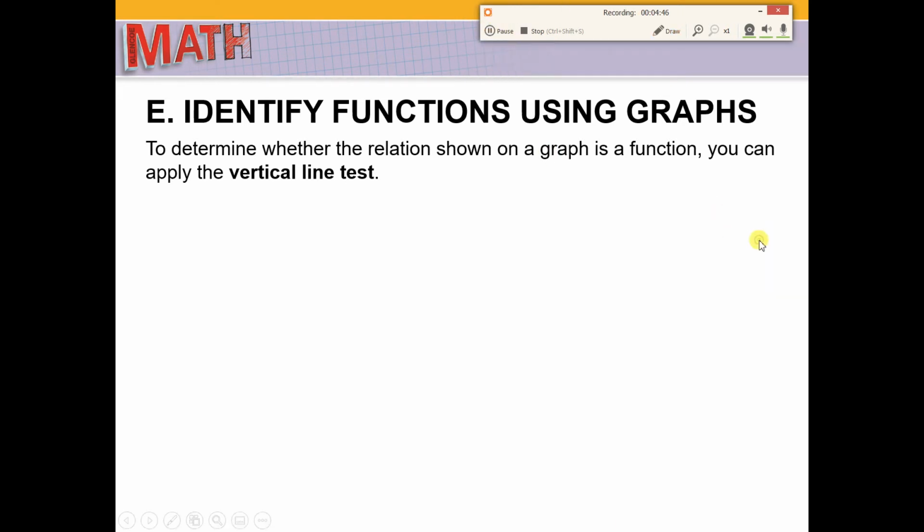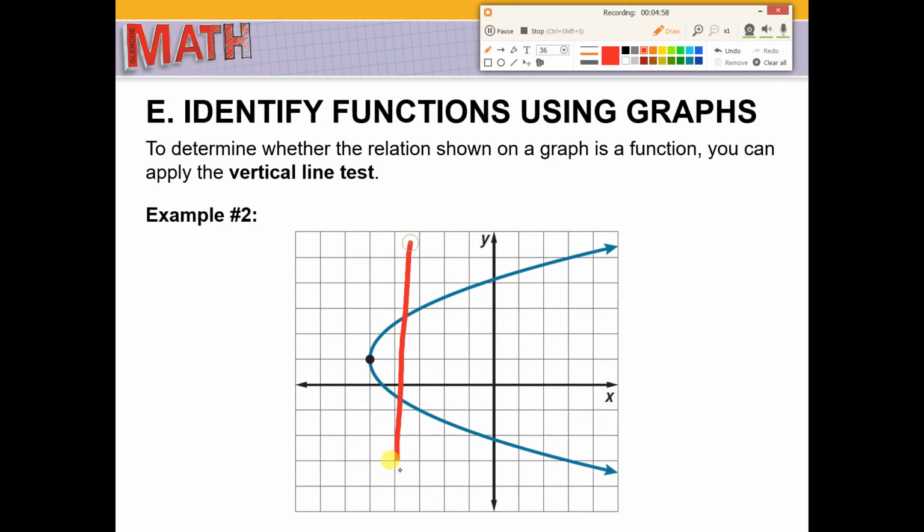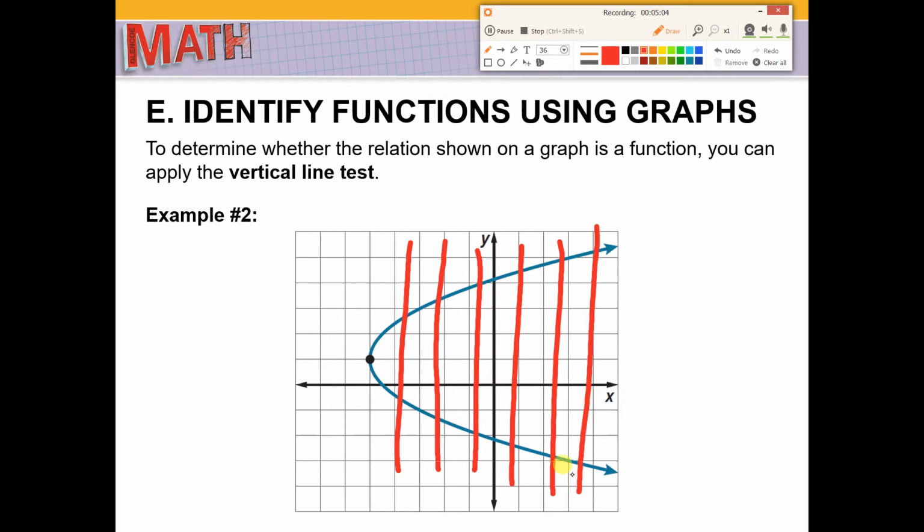Let's have the second example. Okay, let's apply the vertical line test to know if this graph is a function or not. So I will put a lot of vertical lines in this graph. I will even put one here.